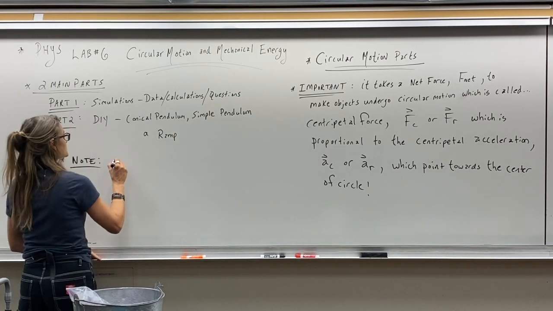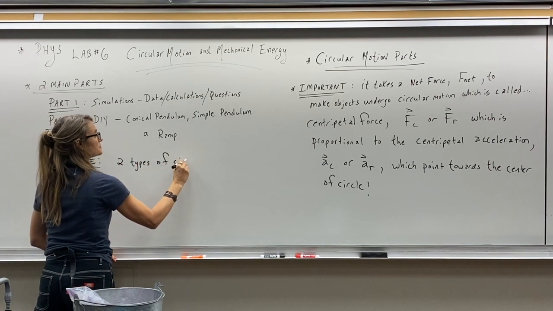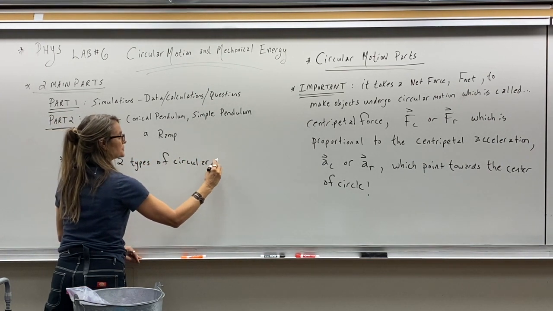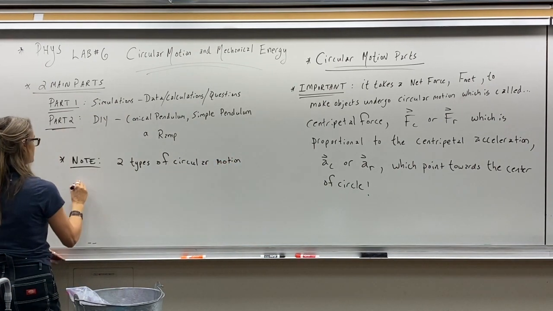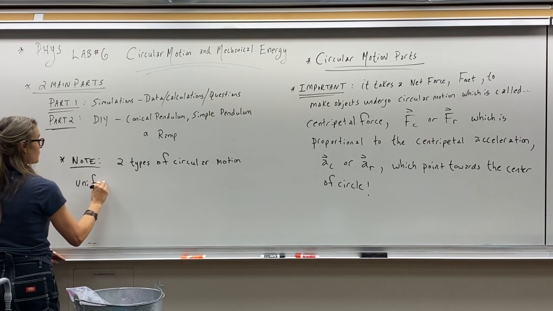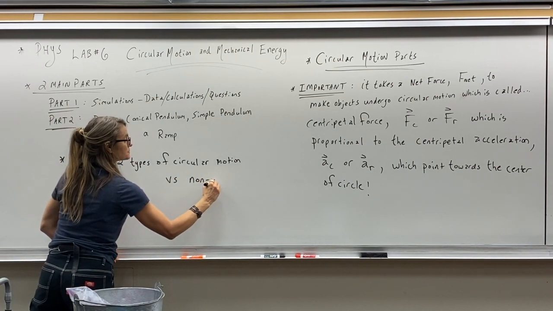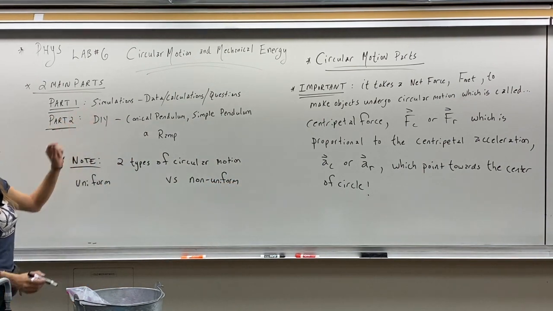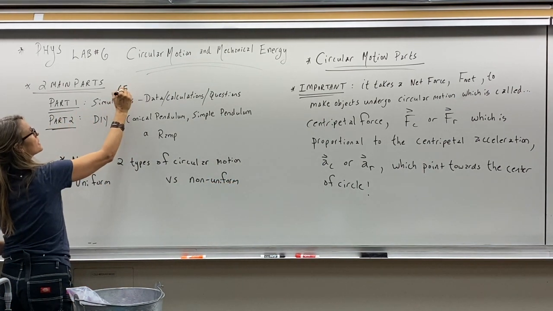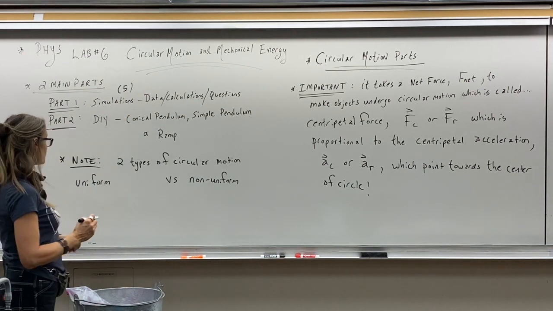Hopefully this is a review to you. In our simulations, we're going to have 5 of these simulations, and we begin with the conical pendulum, which is an example of uniform circular motion.